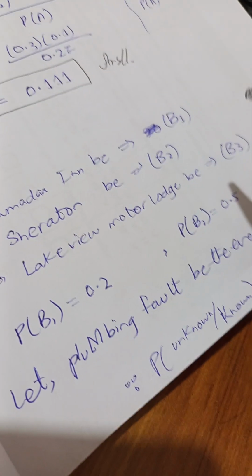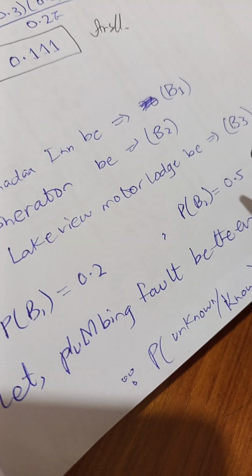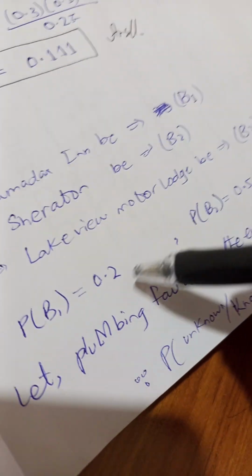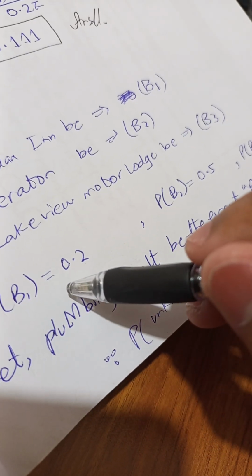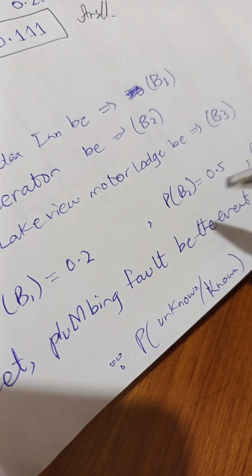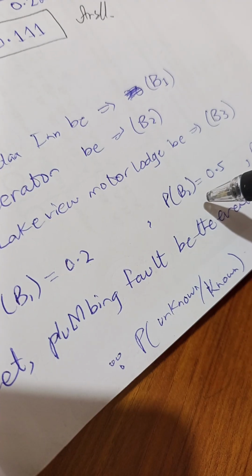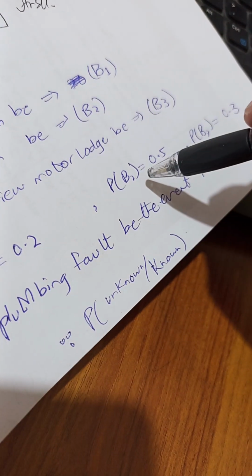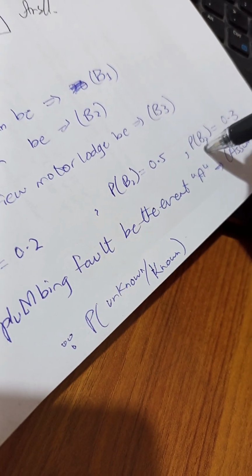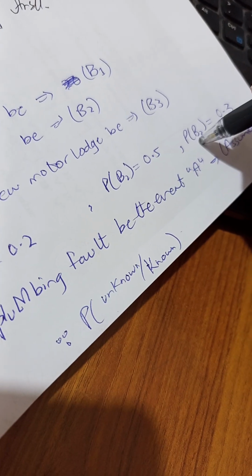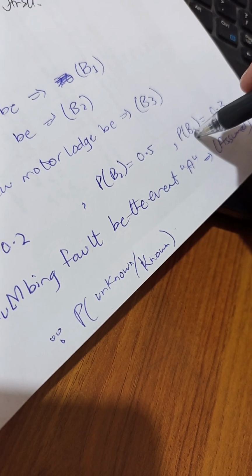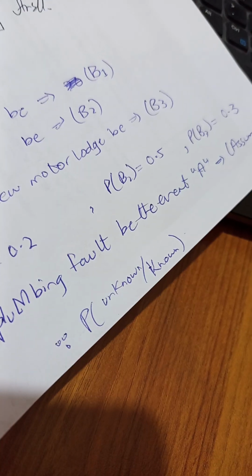We are given that 20% of the clients are assigned rooms at Ramada Inn, so the probability of B1 is 0.2. 50% at Sheraton, so the probability of B2 is 0.5, and 30% at the Lakeview Motor Lodge, so the probability of B3 is 0.3.